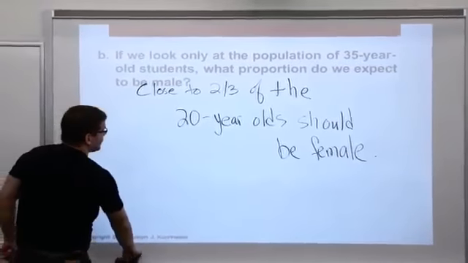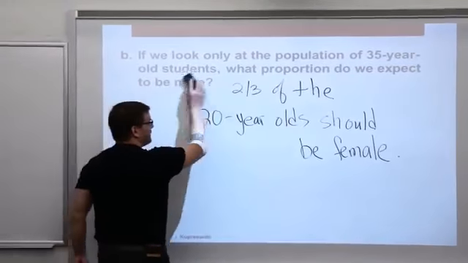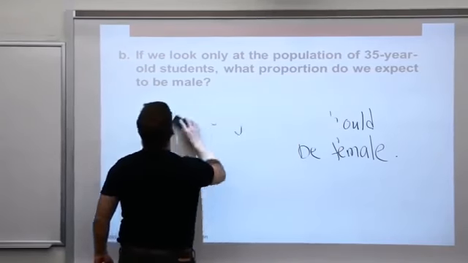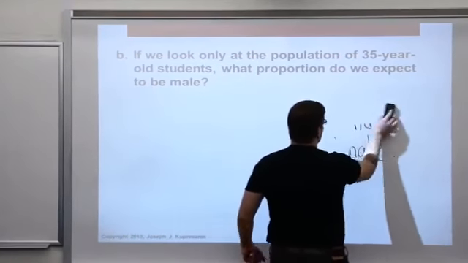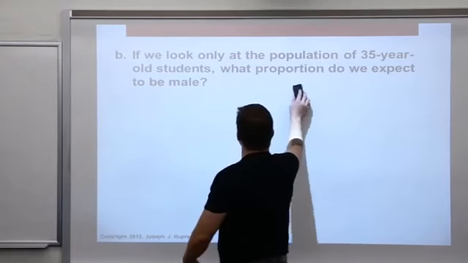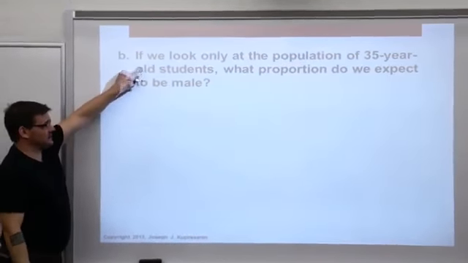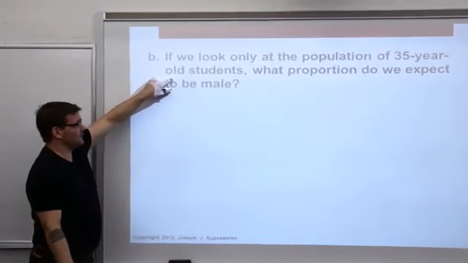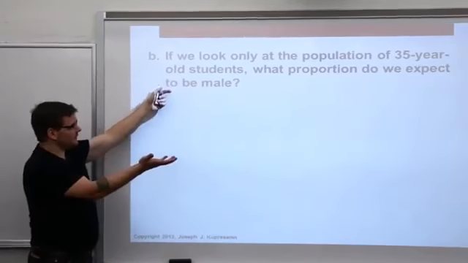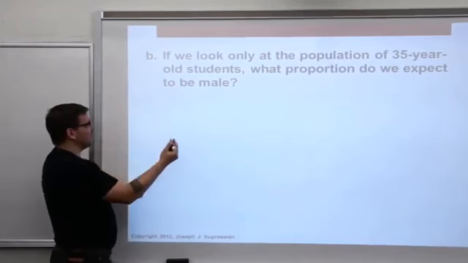In Part B, it's the same, but we'll go up to 35-year-olds. If we look at the population at Cecil College of just the 35-year-olds, there's probably a few dozen 35-year-old students. What proportion do we expect to be male?